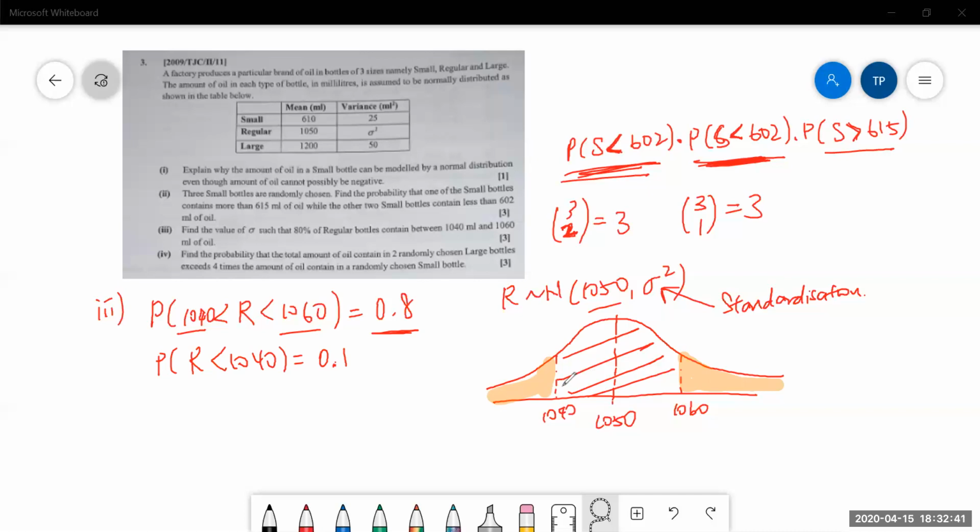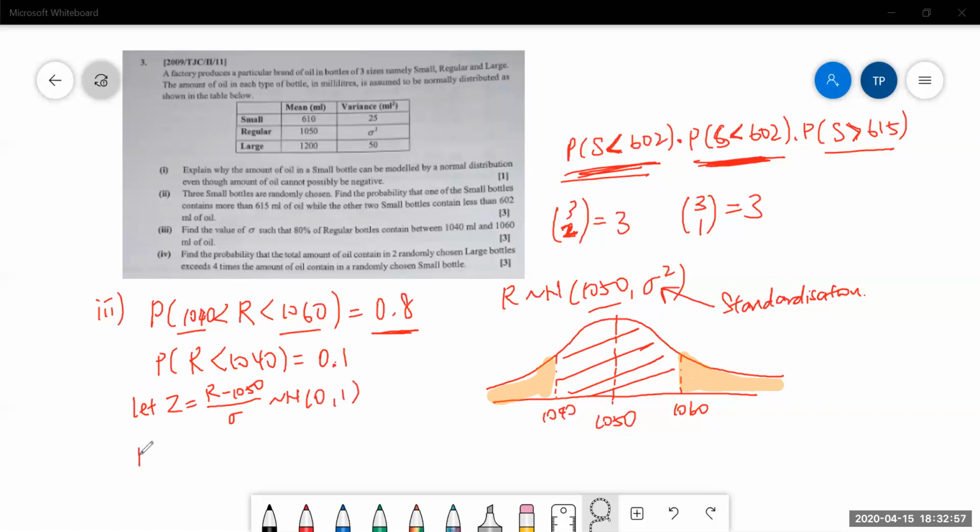Okay. Then from here, I want to do standardization. How do I do standardization? Let Z equal R minus 1050, which is mu, over sigma, which follows normal distribution 0, 1.